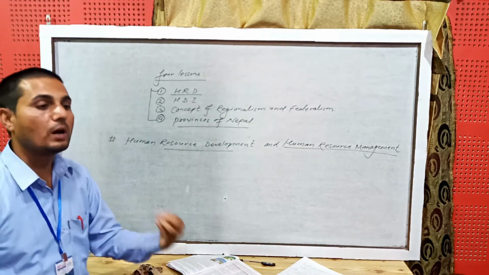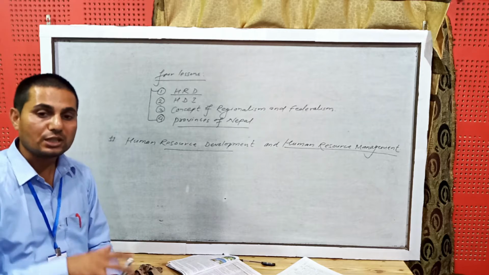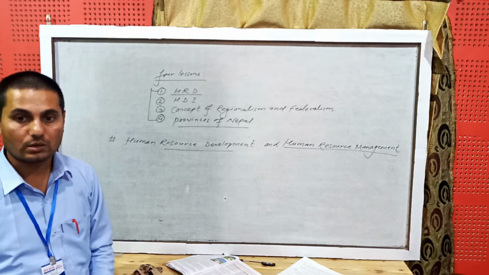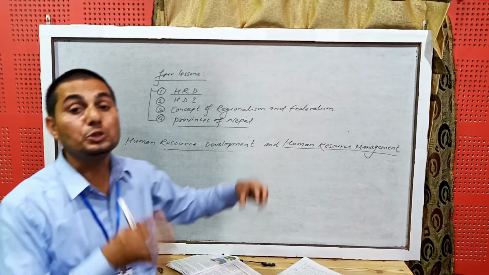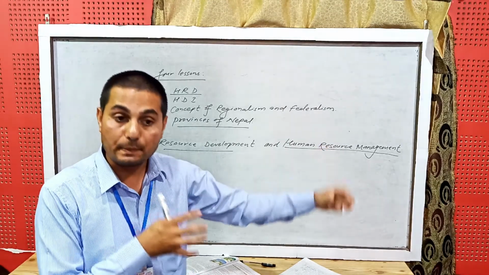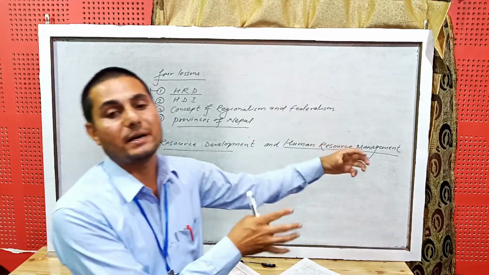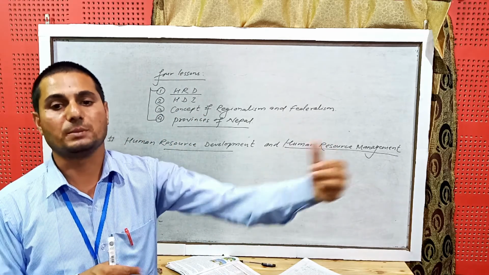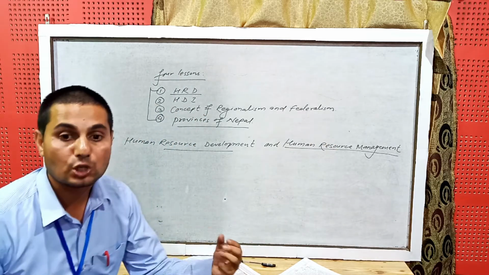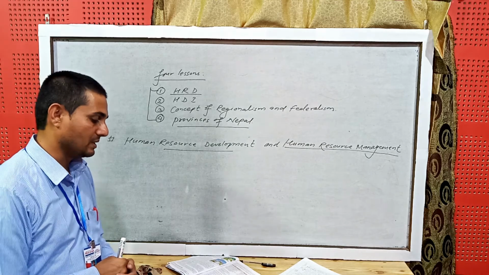Human resource development relates to the production of manpower, and human resource management means the utilization of the manpower as per the requirement of the market, supplying manpower as per the demand of the market. That is called human resource management.